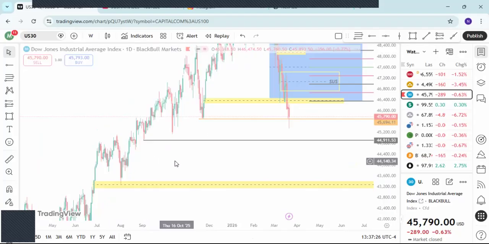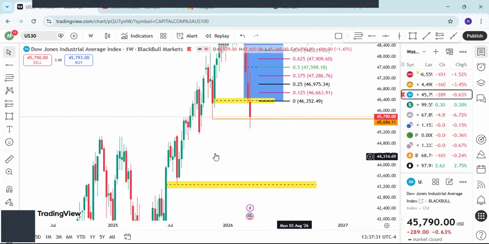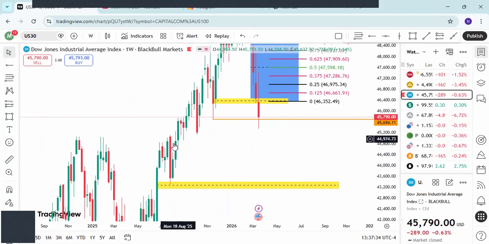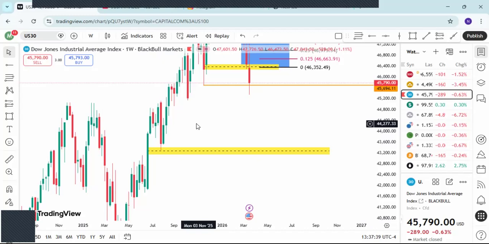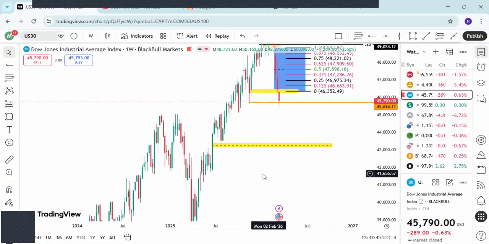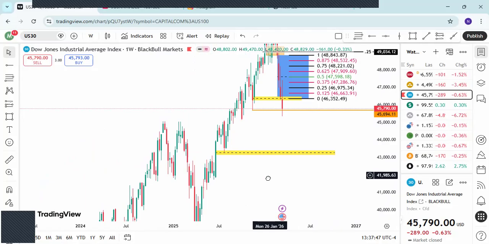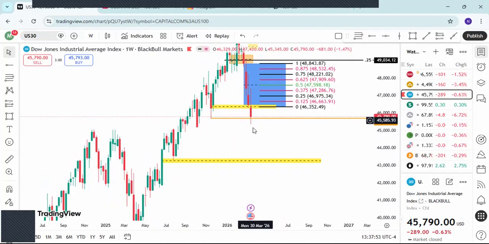You go on the weekly. I just want to see more sell side, nice candles to the downside, probably overriding the main threshold here, because that's going to be key for me on the daily.